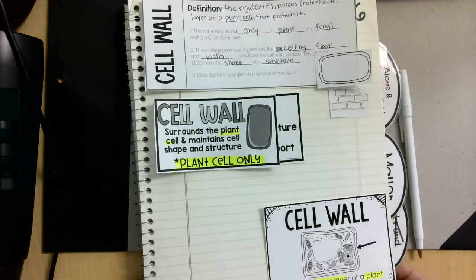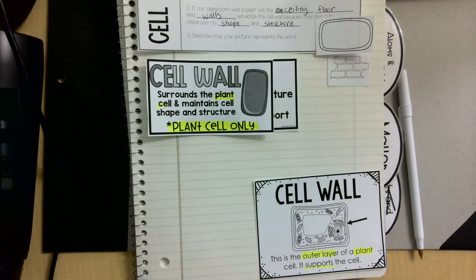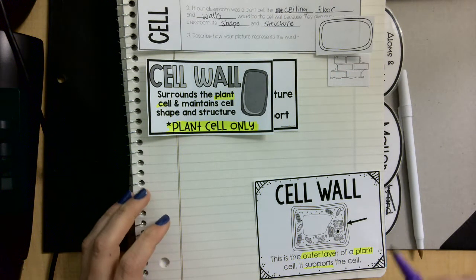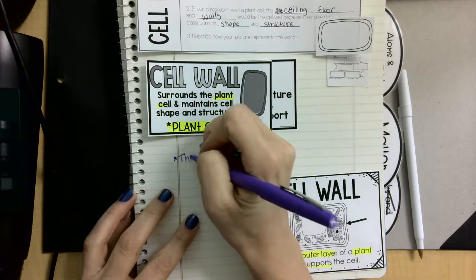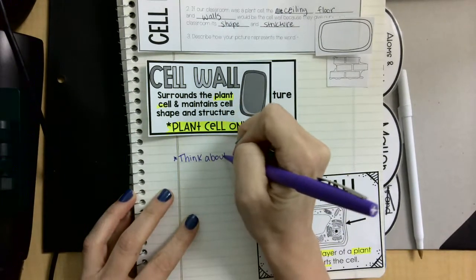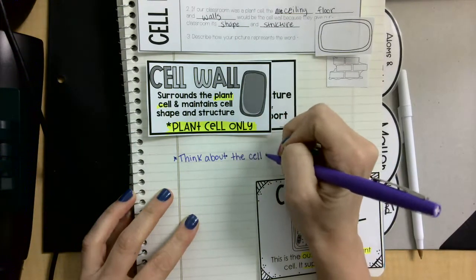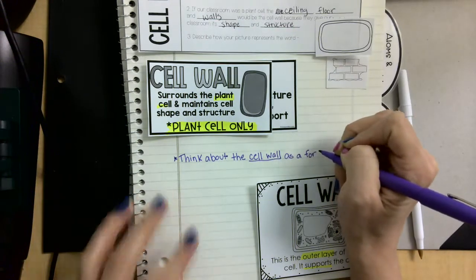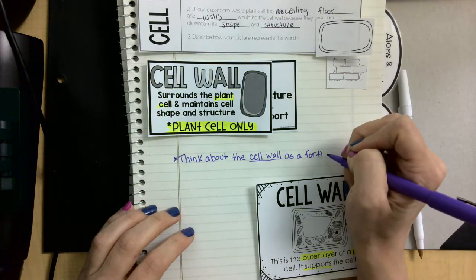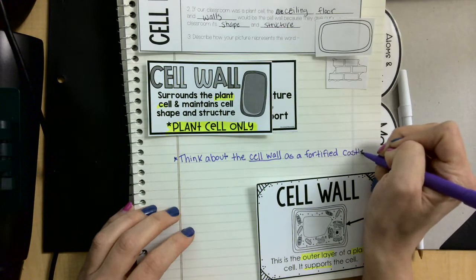So the cell wall, the first part. Think about the cell wall as a fortified, that means like heavily fixed or strong or guarded, fortified castle wall.